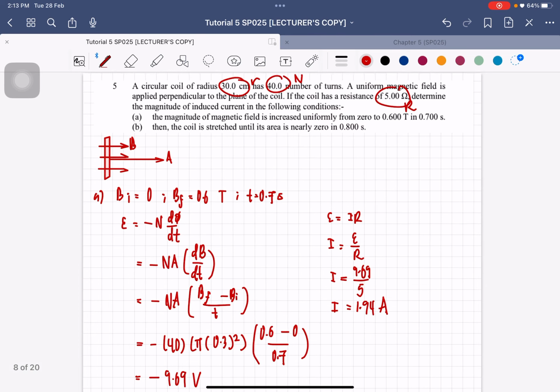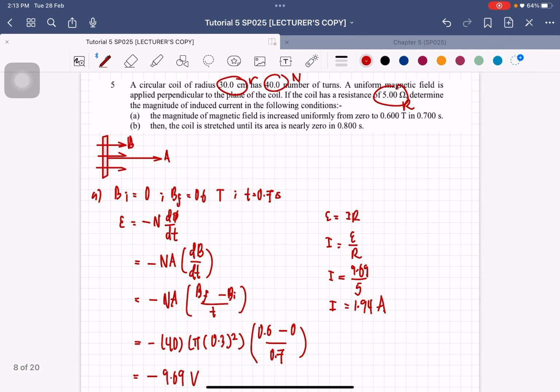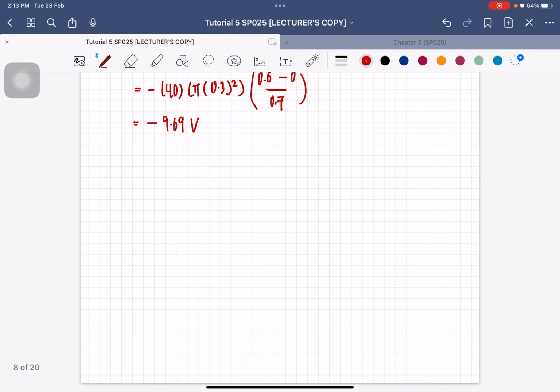Okay. Next, the coil is stretched until its area is nearly 0 in 0.8 seconds. Alright. So the initial area is basically the pi r squared from just now, which is 0.3 squared. And then the final area is 0.